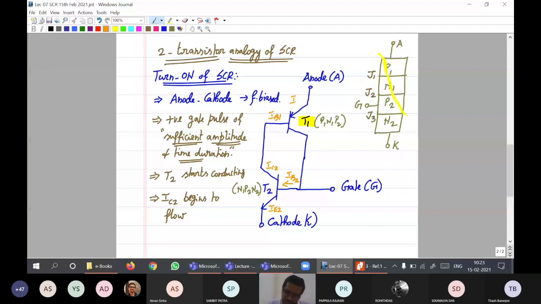When IC2 begins to flow in this direction, it means IB1 also begins to flow, because IB1 and IC2 are one and the same.